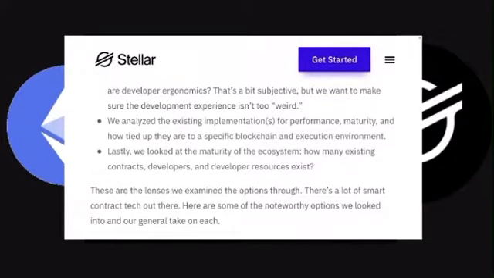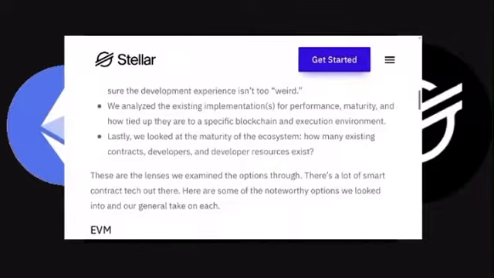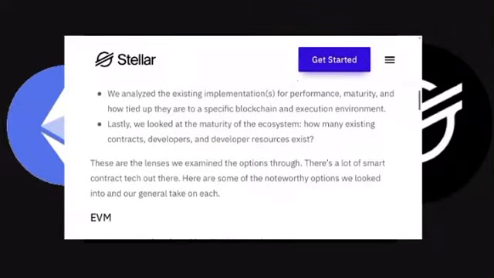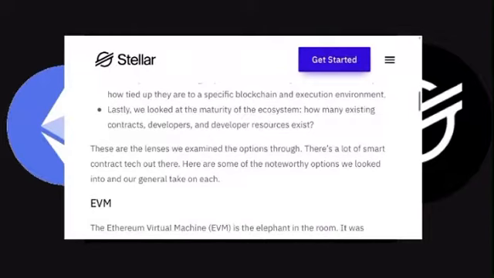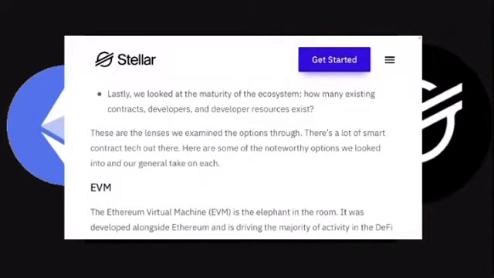We analyzed the existing implementations for performance, maturity, and how tied up they are to a specific blockchain and execution environment. Lastly, we looked at the maturity of the ecosystem, how many existing contract developers and developer resources exist. These are the lenses we examined the options through.